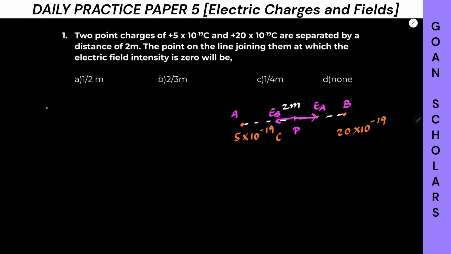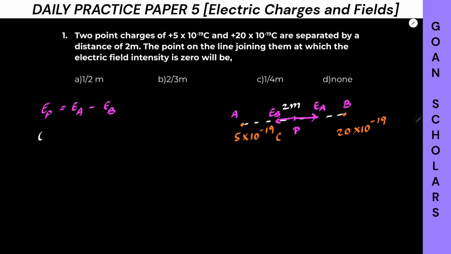So net electric field at any point P will be how much? It will be EA minus EB, or you can keep it EB minus EA, depending on the magnitude. So the resultant of both the electric fields will be EA minus EB. But the question is saying the electric field intensity at point P is 0.